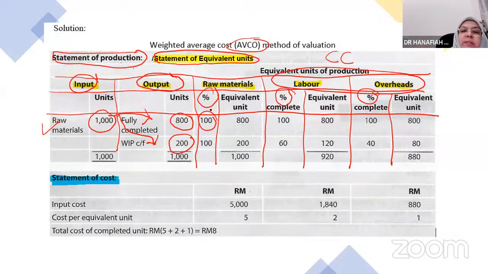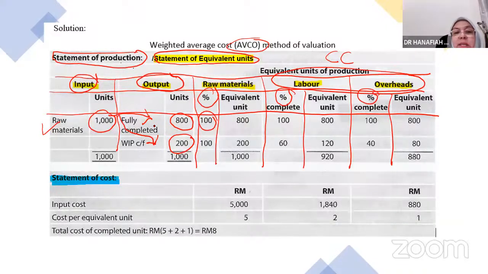Completed unit means it's ready in that particular process. Say this is process 1, so it is complete for process 1 and we are going to transfer it to another process. At the end of the month, you have 800 that can be transferred to the next process. However, the 200 is not complete in process 1 yet, so that product needs to stay.